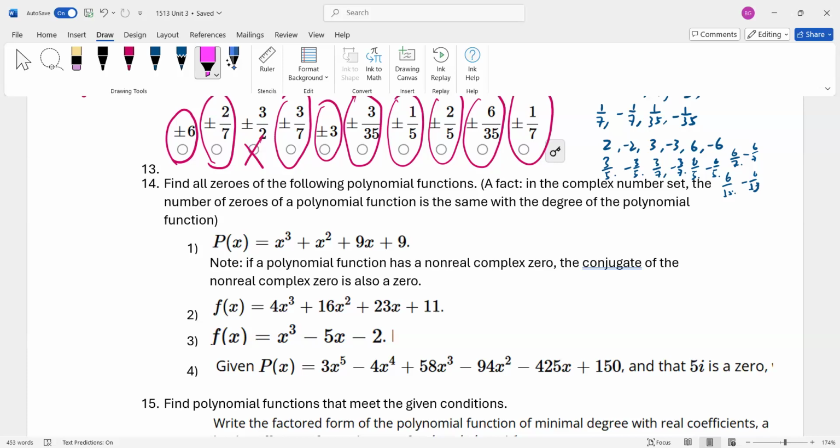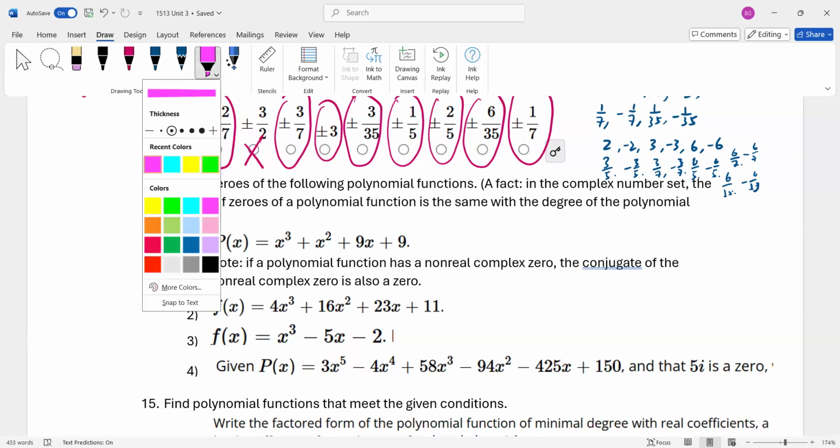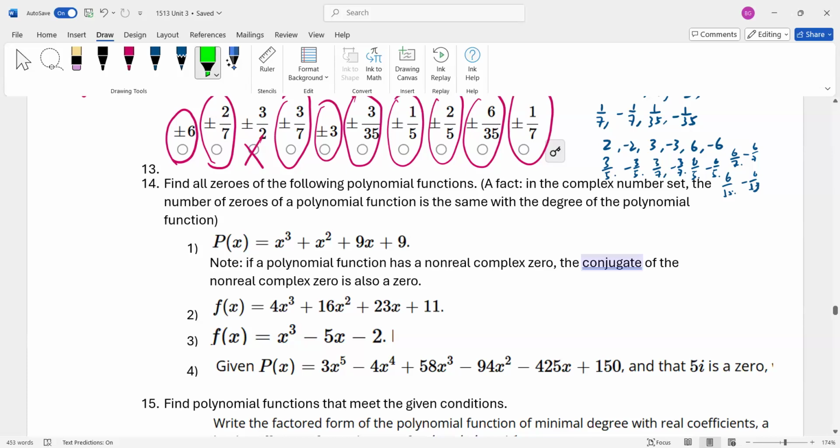Those n zeros could be real numbers, could also be non-real complex numbers. This actually is a very important theorem. I think it's called the fundamental theorem of algebra. In the complex number set, the number of zeros of a polynomial is the same as the degree of the polynomial.